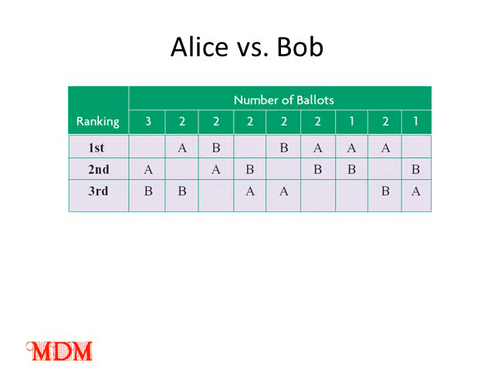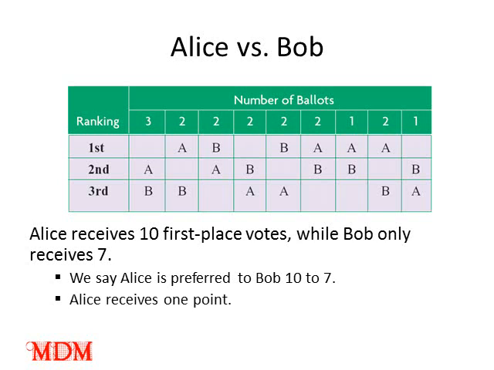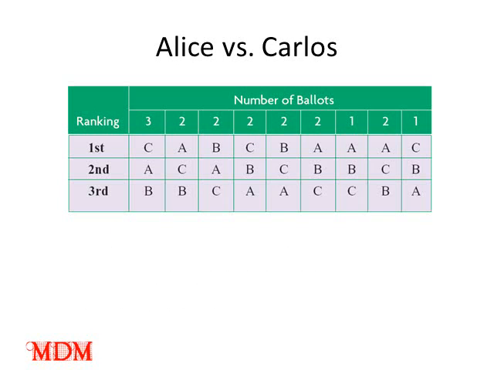And finally here with 1 vote, giving him 7. So Alice received 10 first place votes while Bob only received 7. We say Alice is preferred to Bob 10 to 7. Alice receives 1 point.